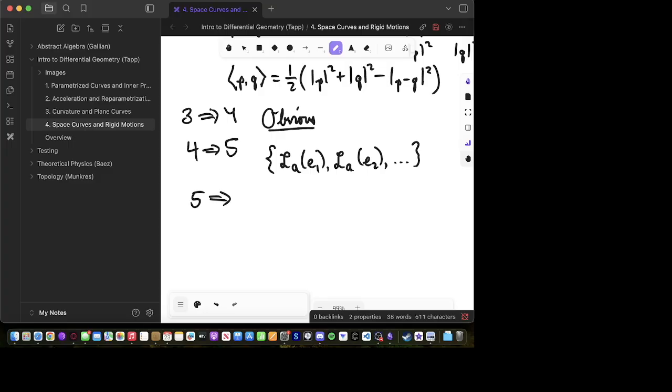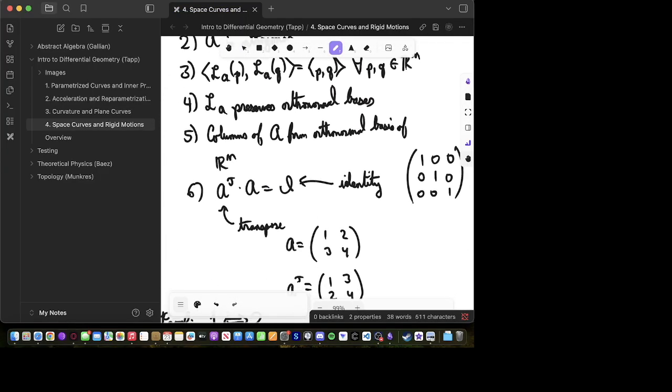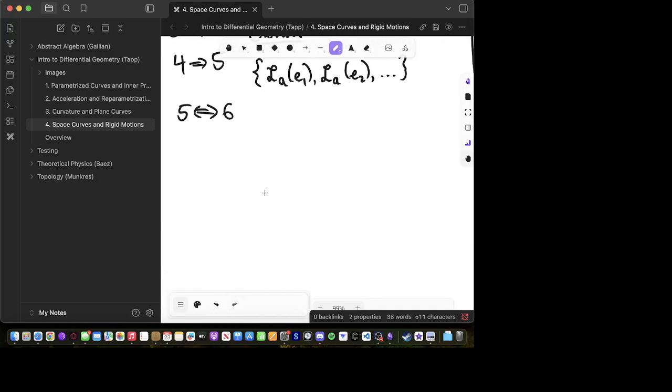Now let's show that 5 and 6 are equivalent. And then after that, we're going to go back and show that 5 implies 3. So what we're saying here is that the columns form an orthonormal basis of Rn. That implies that the transpose times the matrix is equal to the identity. So what happens if we have the ijth term of A transpose times A?